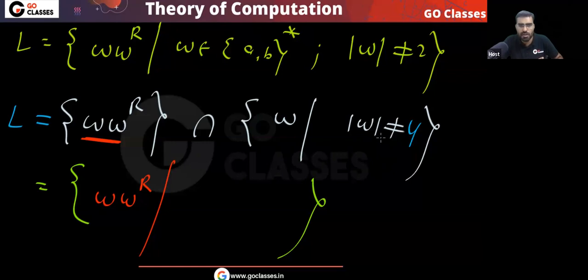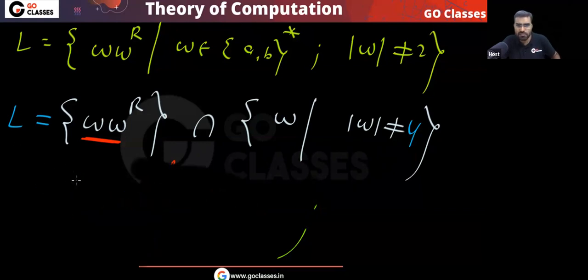So the length of W is not equal to 2. This will be your L. Please tell me, did you understand how I did this?